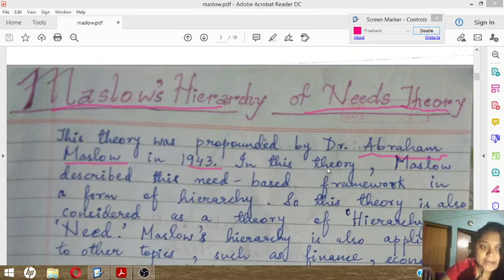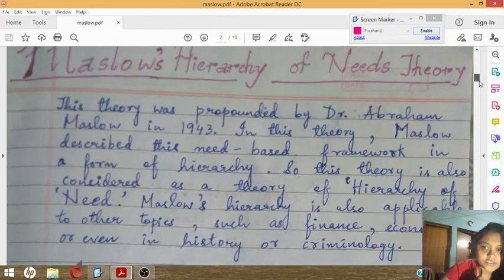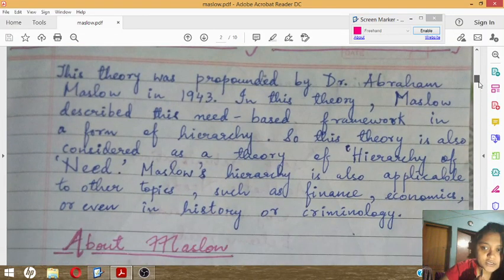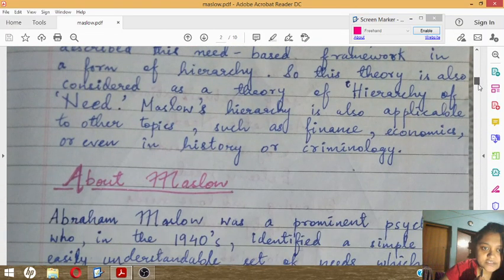In this theory, Maslow described this need-based framework in the form of a hierarchy. It is also known as the theory of hierarchy of needs.